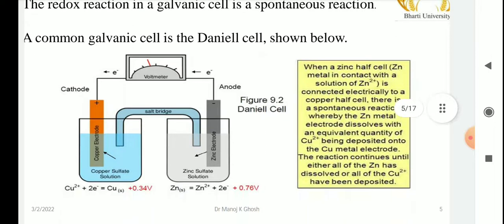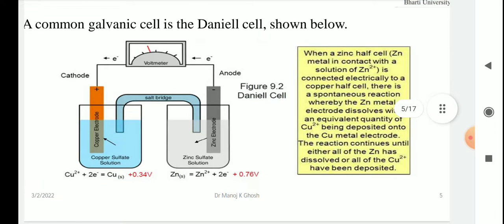We already discussed this in earlier slides. If we join a voltmeter between the copper electrode and the zinc electrode, a potential difference is developed, and then the current flows. Electrons flow from the anode to the cathode, because the very simple definition of electricity is that the flow of electrons is known as current.